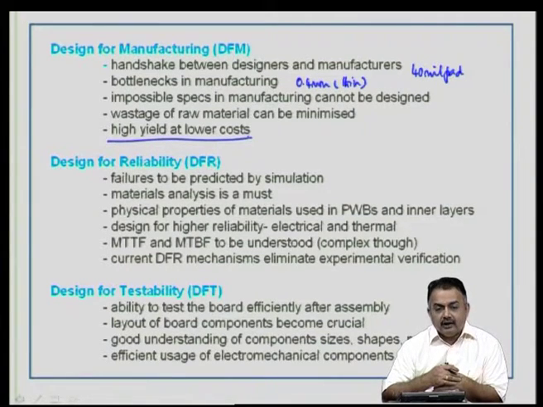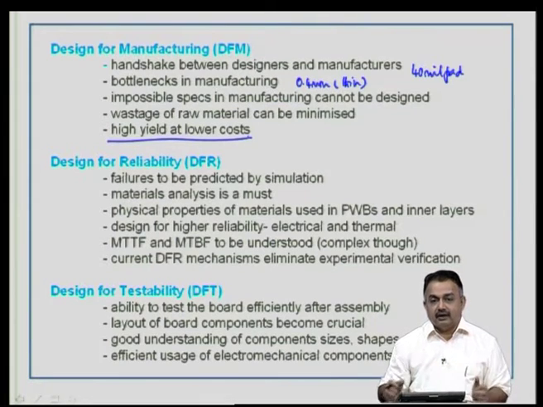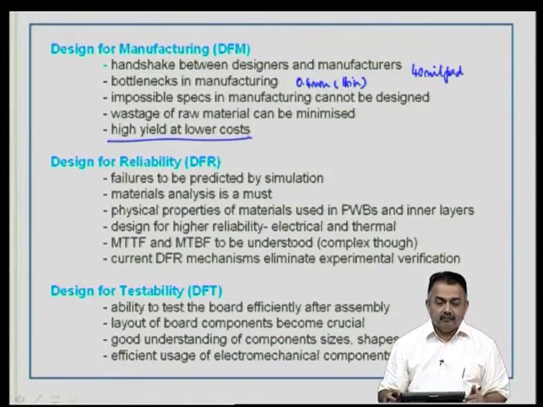Now, people are looking today at using design for reliability mechanisms to eliminate experimental verification completely, because when you make a PCB, obviously you are going to do some kind of thermal cycling. Let us say you are making a printed wiring board and the board is subjected to thermal analysis experimentally.